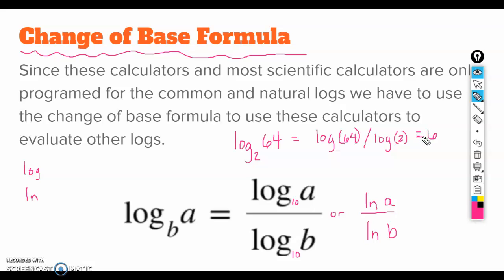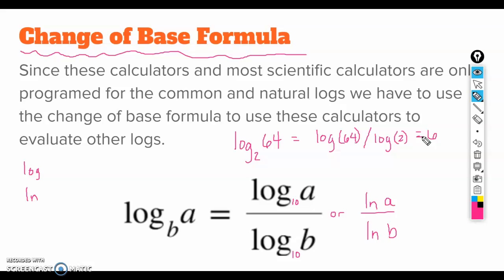Now, I do know the graphing calculators, if you go to math, there's an option that says log base, and it lets you type a little base down in there. But it's not exactly convenient to get to because you do have to go through the math menu. I don't always have one of the graphing calculators with me, but I usually have my phone with me.